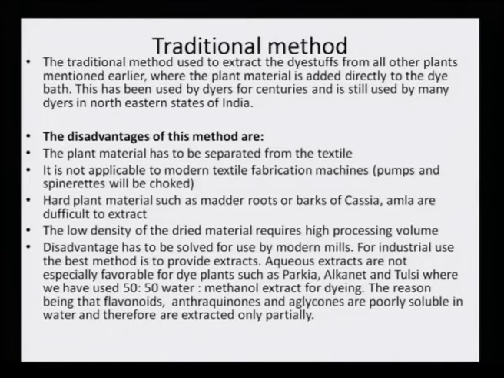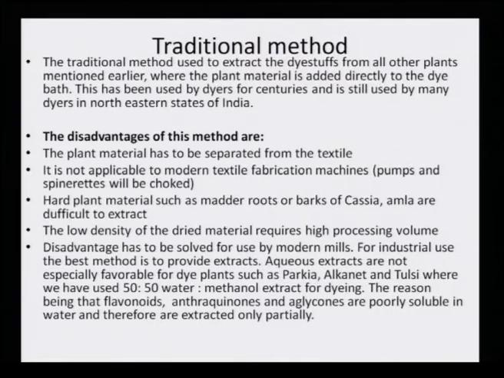The disadvantages of this method are that the plant material has to be separated from the textile. It is not possible to use it in modern textile fabrication machines because the pumps and the spinnerets will be choked. Hard plant material such as madder roots or barks of cassia, amla are difficult to extract. A low density of dried material requires high processing volume.